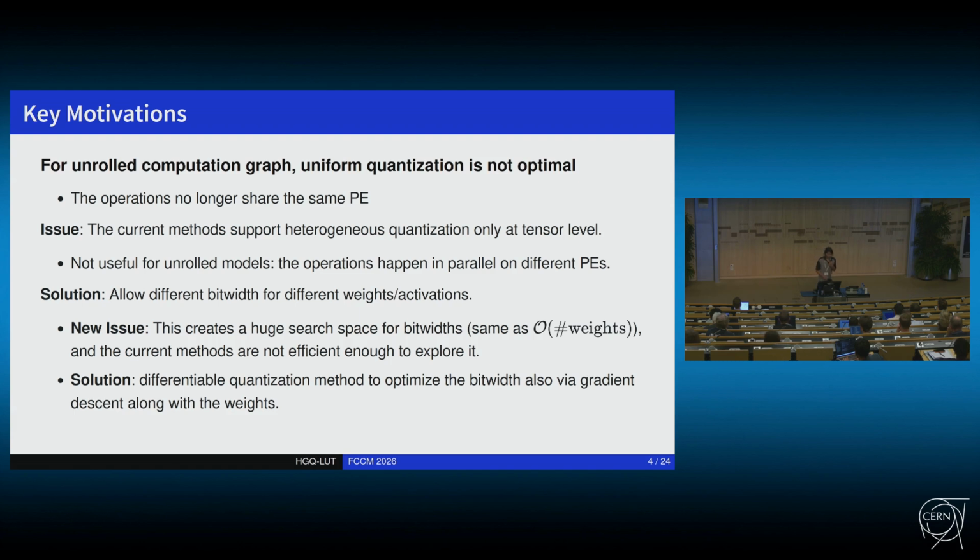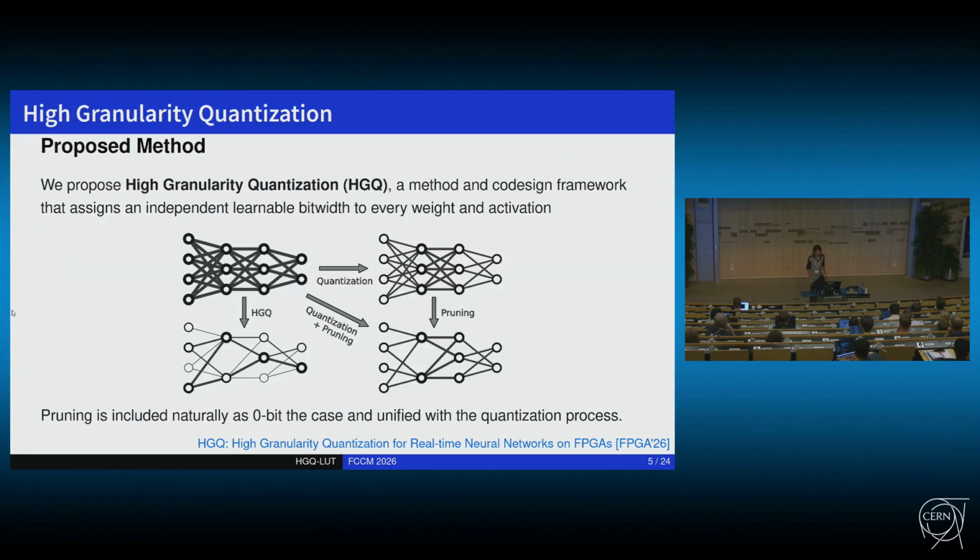So here, the solution is that we want to do a differentiable quantization. The bit widths are optimized by the gradient along with the weights themselves during training, instead of us manually setting them to some values. This is just a high-level demonstration.